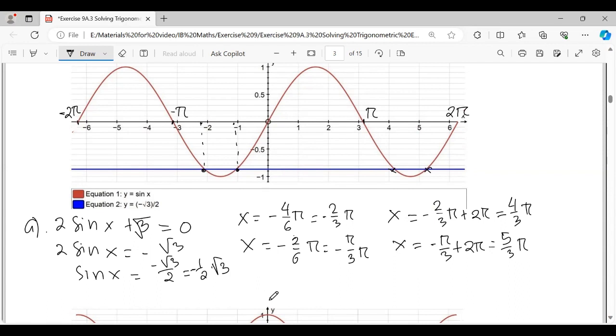So x are negative 2 pi third and negative pi third, 4 third pi, or 5 third pi.